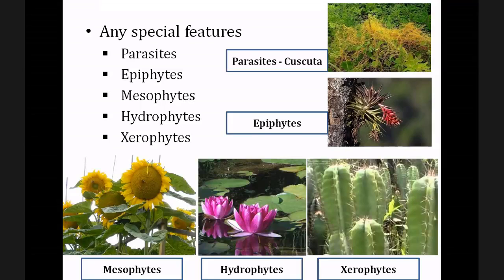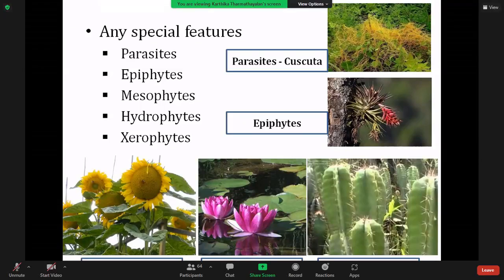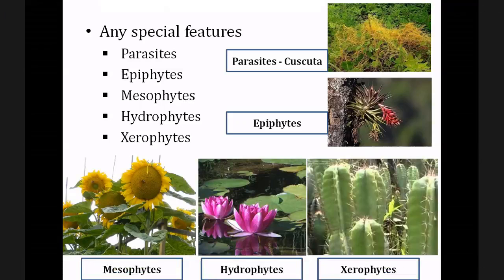That is a harmful interaction, not a beneficial one, because they absorb the nutrients without any benefit to the host plant. The examples are Loranthus and Cuscuta.